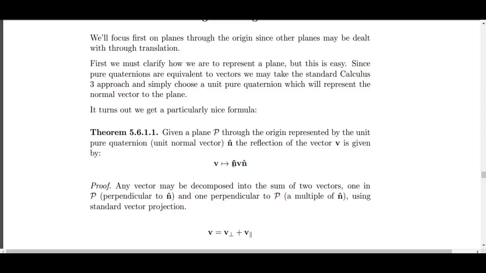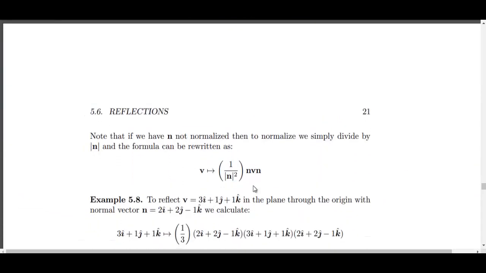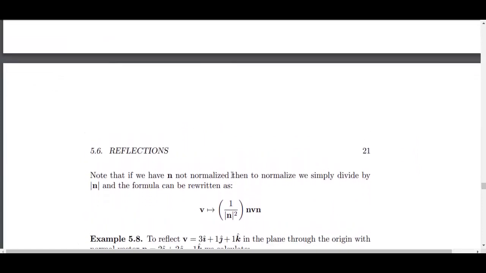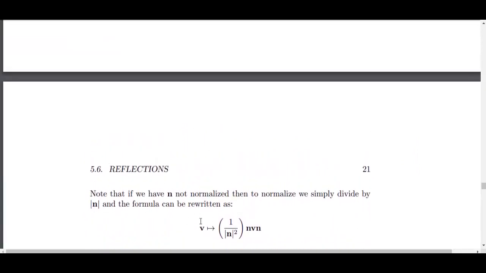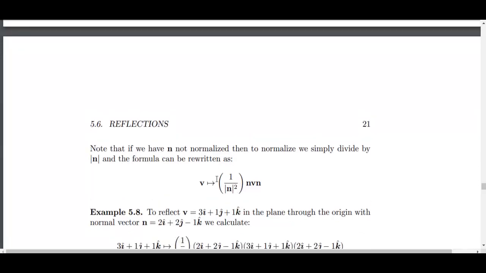We need here a unit normal vector. But if we have n not normalized, then to normalize we just divide n by the norm of n squared, and we are okay.